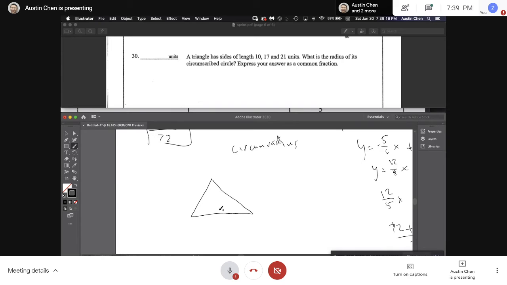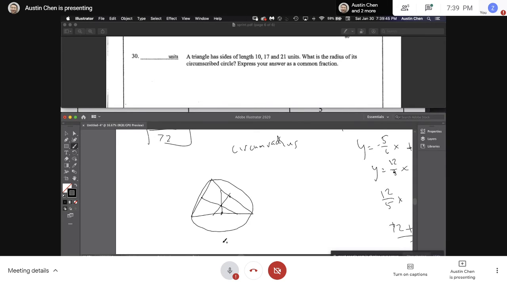Oh wait, you also have perpendicular bisectors, right? Those go through the midpoint of each side and are also perpendicular, and they're going to cross at some point. This point is the circumcenter, and it's also the center of the circumcircle of the triangle.